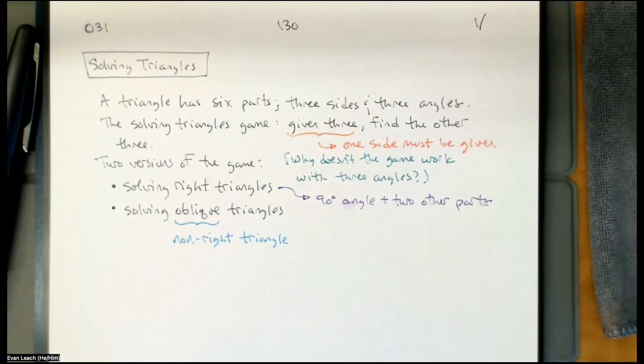And then I have to give you two other parts for a total of 3 parts given. And then I can actually find the other 3 parts.